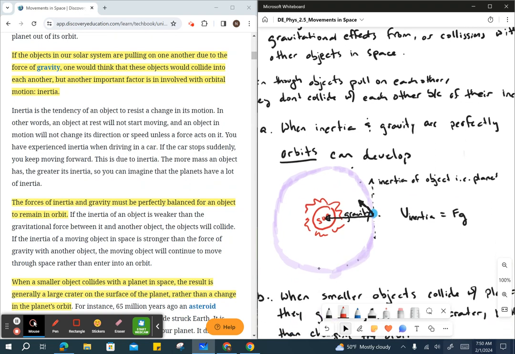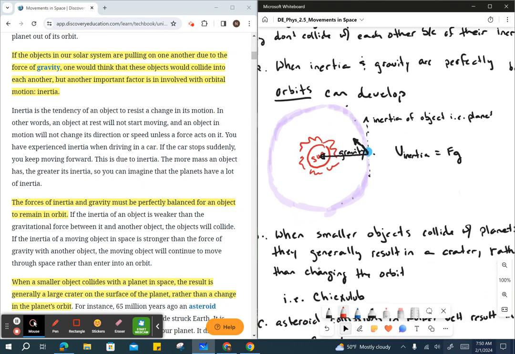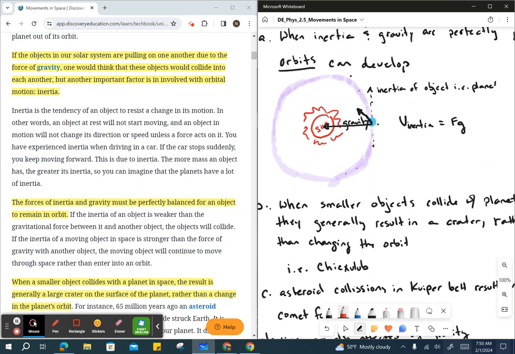Okay, so you can see in this picture here, we've got an example of a planet in blue, and its inertia would want it to go straight forward, but the inertia is balanced with the force of gravity from the star that it's orbiting. And so what results is an orbit. It's because of perfectly balanced gravity and inertia. Okay.